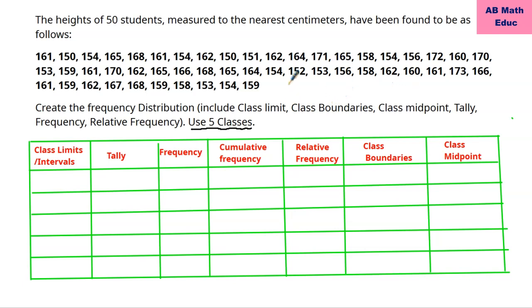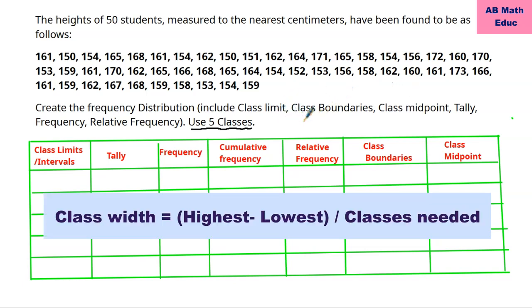If that is the case, we need to calculate our class width, which is the highest number. So you go through all the numbers and see the highest number, which is 173, minus the lowest number, which is 150.